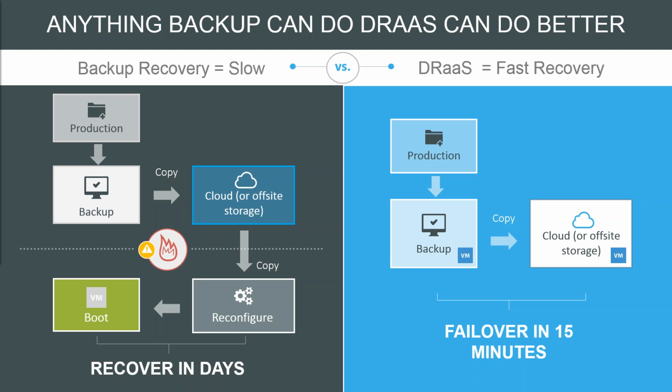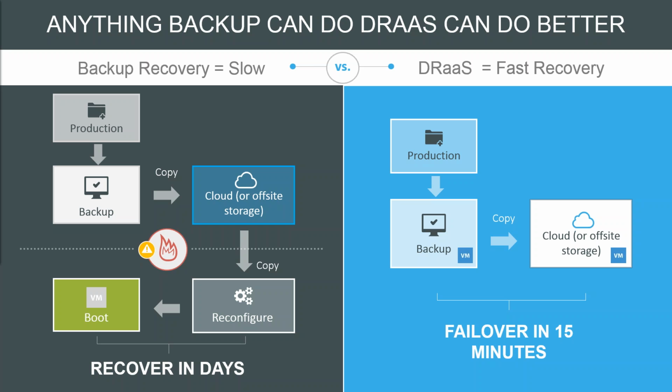So backup was the best solution when the issue was simply data loss. Now that we're also facing massive business interruption, DR or DR as a service like we here at Infrascale provide becomes a far better solution, right? Because with backup, your recovery time, as shown here on the slide, can be days. You're ultimately moving a whole chunk of data over a wire. Whenever you've got to move data over a wire, it takes time.